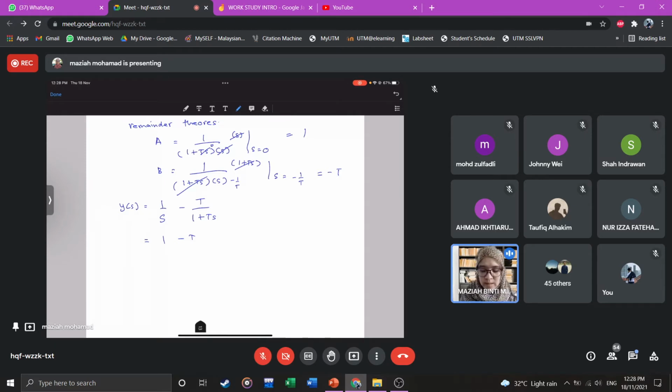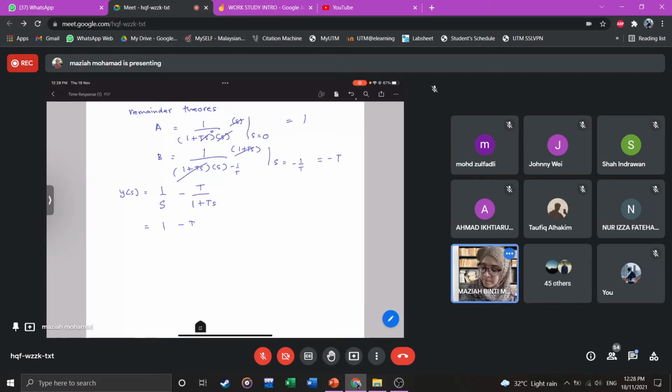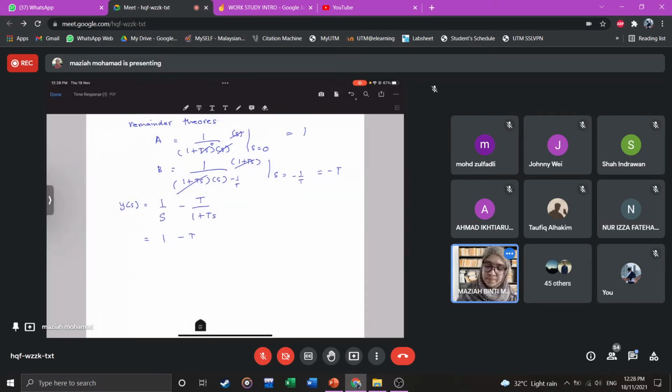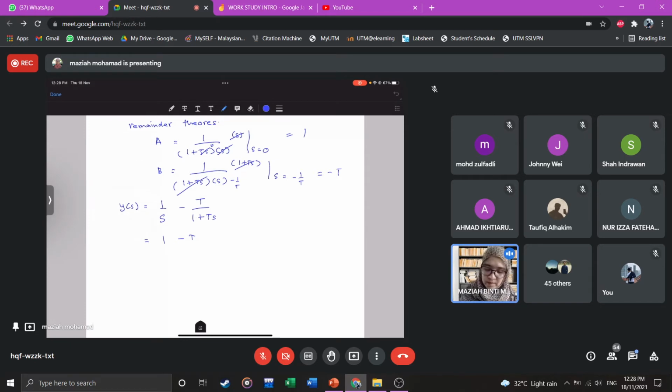So here you get 1 over t, exponent negative 1 over t, time constant, multiplied with t.